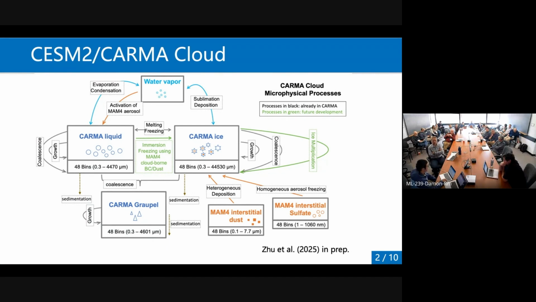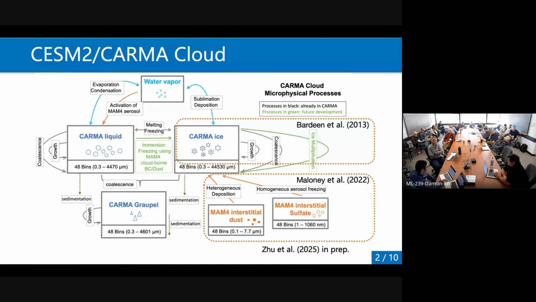Back to the history of CARMA cloud, Chuck Bardeen in 2013 developed the CARMA cirrus cloud, especially for the improvement of tropical cirrus. And Chris Maloney in 2022 developed the interactive aerosols like dust and soot to interact with ice clouds.